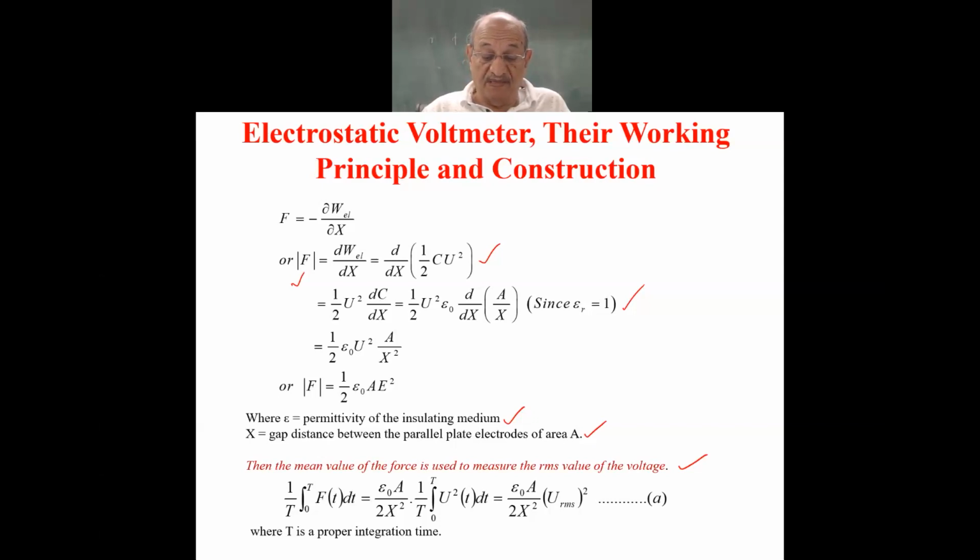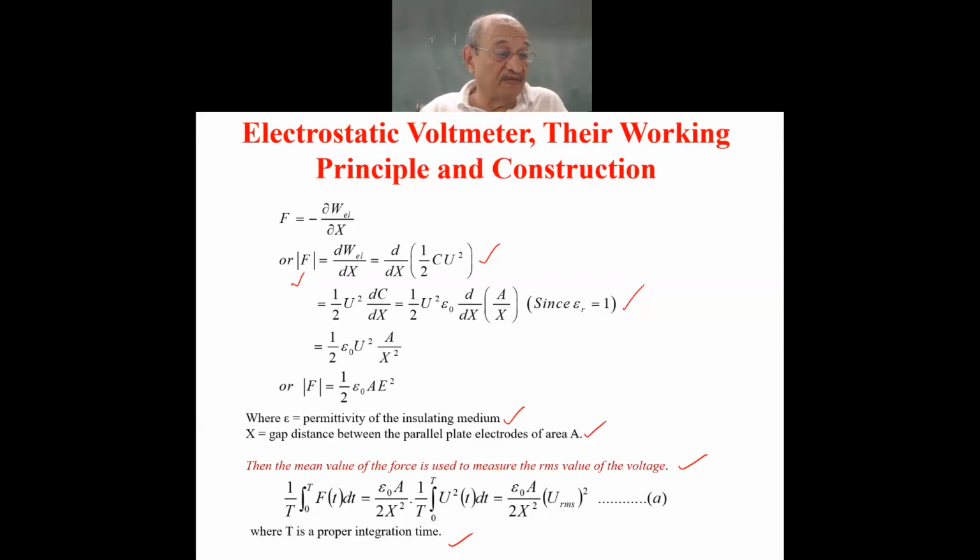So when you measure over a proper integration time, T, that is one cycle, that would be taken to be one cycle integration time. So this works out to be equal to epsilon A by 2x U RMS square. So A is fixed, X is fixed, epsilon naught is fixed. It is proportional to the square of the RMS value.